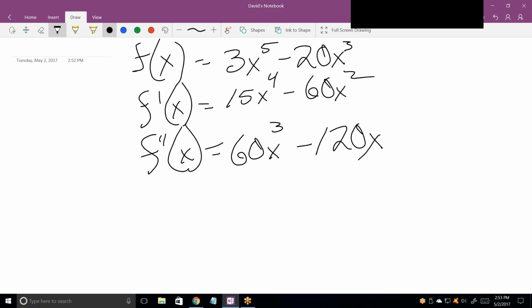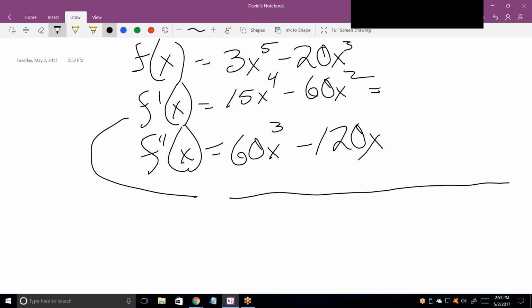Now, read the problem again for me. So after we find the derivative and the double derivative, it wants the derivative chart and the double derivative chart. Okay, let's stop there for a moment. Let's go down to the derivative chart. Now, this you'll notice can be factored.